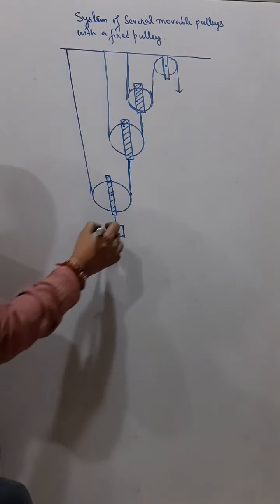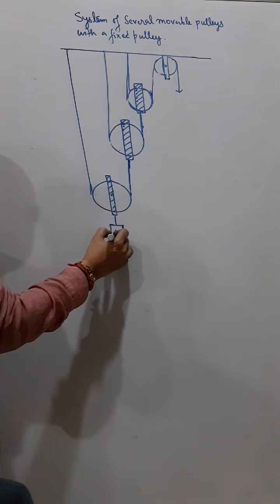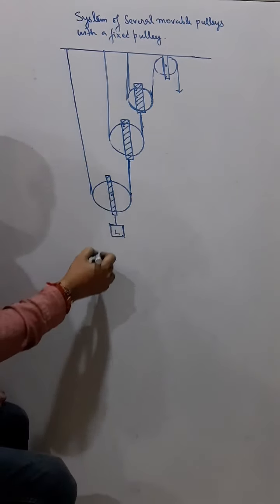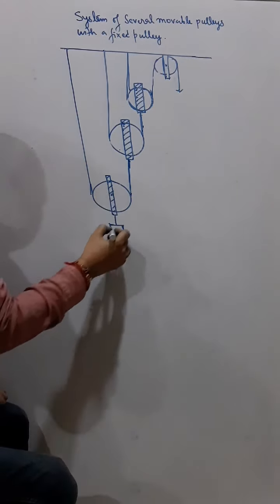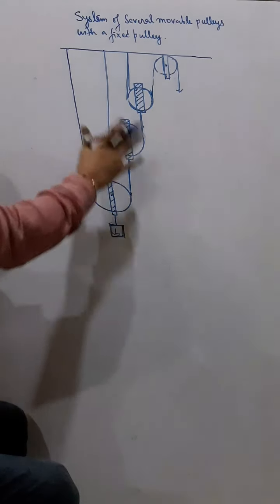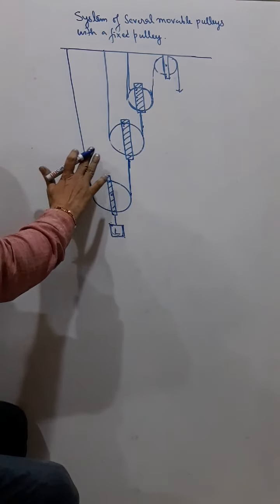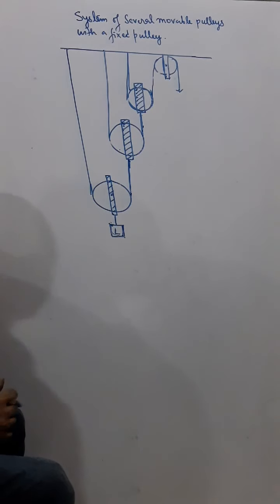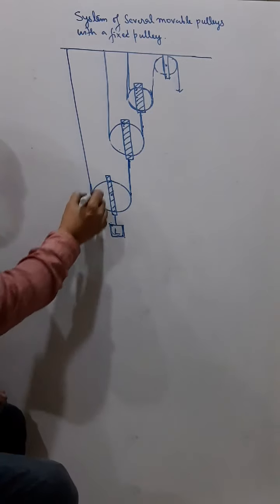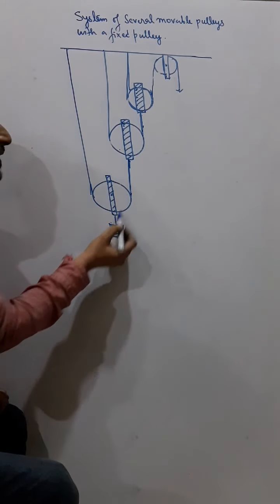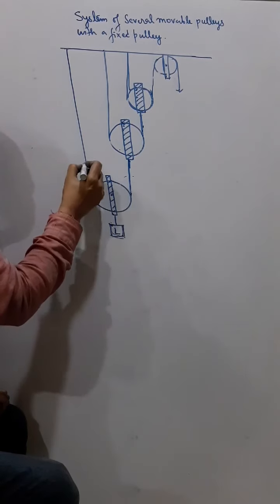Now we can calculate the mechanical advantage in this case. Now try to understand, whatever load you have. Now if they ask you in this system, calculate the mechanical advantage and the velocity ratio and the efficiency, okay, in ideal condition. So we start from here. This load, whatever is the weight of the load, will be first divided into these 2 ropes.